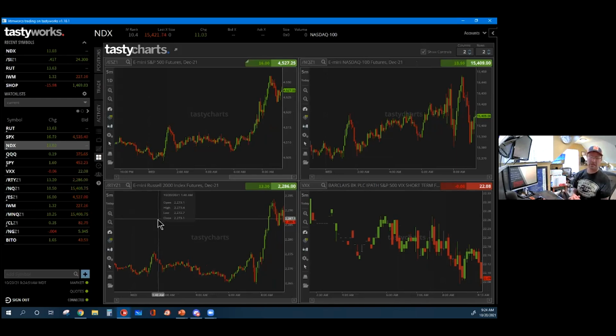A lot of the technicals and a lot of the internals that I'm looking at make me feel okay. Not great, not bad, okay. Make me feel okay about where we're at on the Russell trade today.